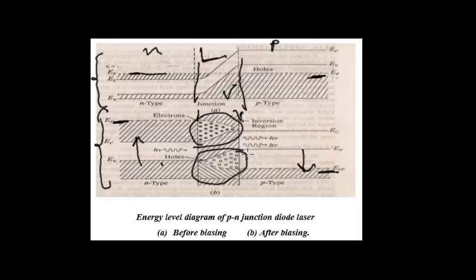Because of so much concentration of electrons and holes, they will start recombining, right? As we know, when one electron and one hole recombine, they release energy. So we'll get energy at the output.